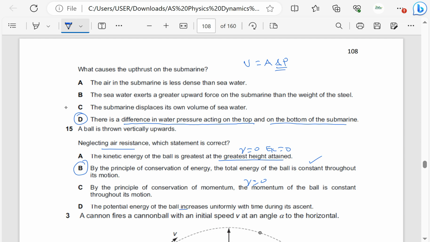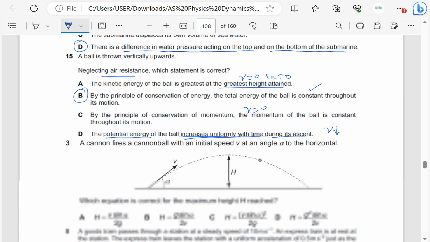Of course, if it is going upwards, yes, it is true potential energy increases, but it does not increase uniformly because the speed decreases. So the gain in height, when it is getting to the highest point, is not the same as the gain in height when it was just leaving the lower level. So the answer is B.